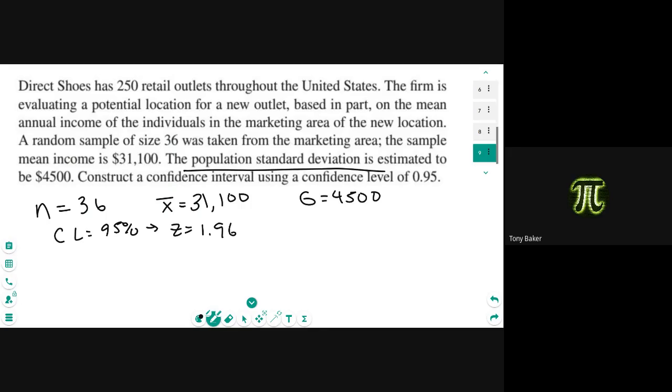And like I said, I would type the formula once in the Desmos and just leave it there. You don't have to keep constantly changing it. What's my standard deviation? 4,400. I did 36.